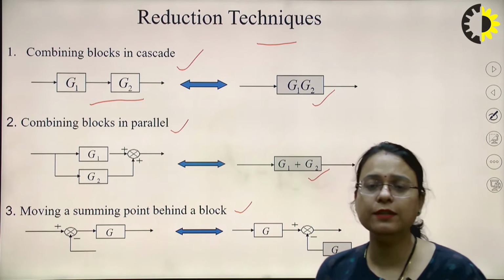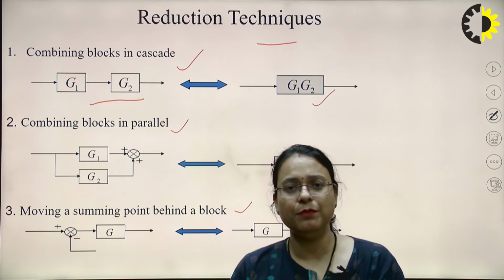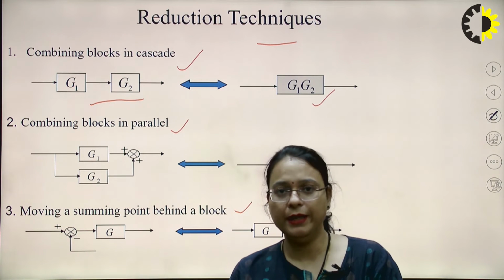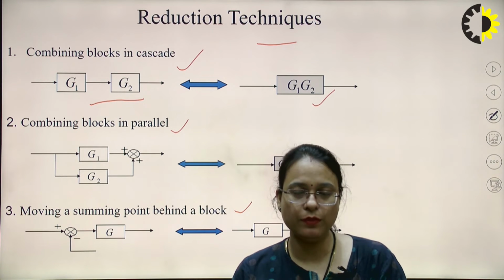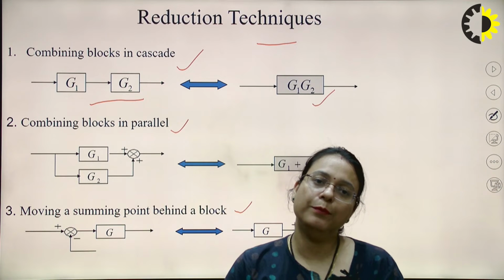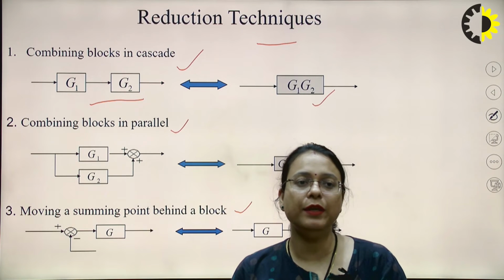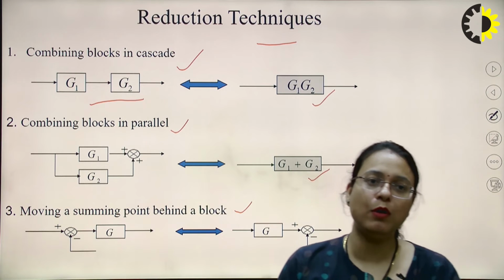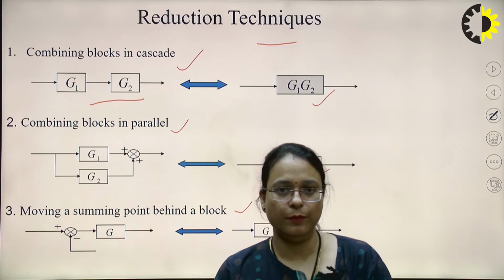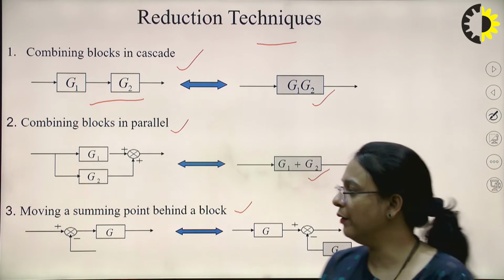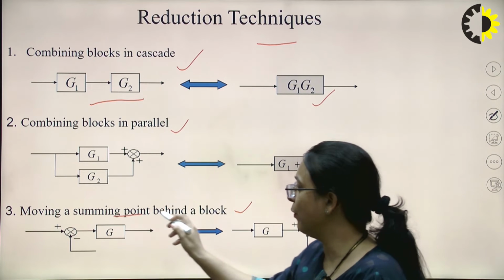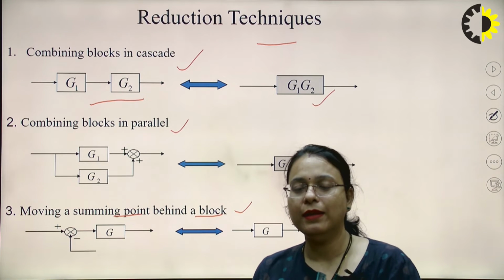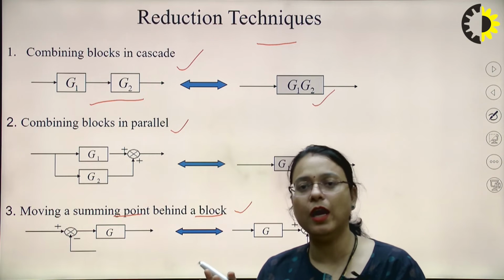For the simplification purpose, we can move our block behind the summing point or beyond the summing point. Similarly, we can move the takeoff point behind the block or beyond the block, right? So here we have moving a summing point behind a block. The point to be kept in mind is that there must be no change in the output.